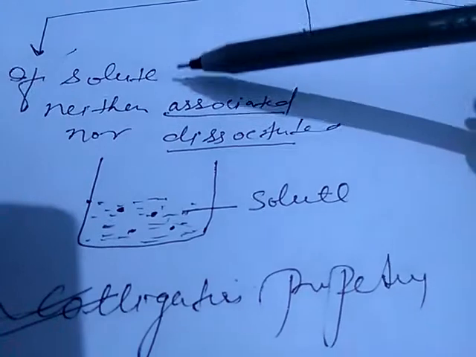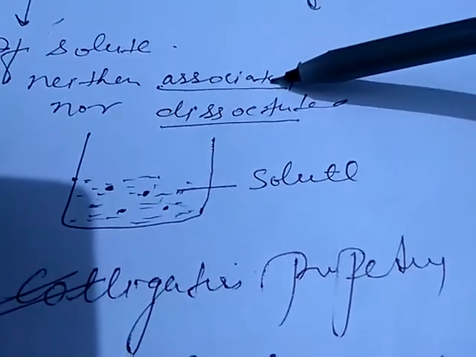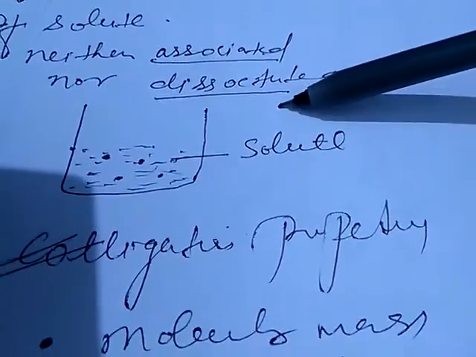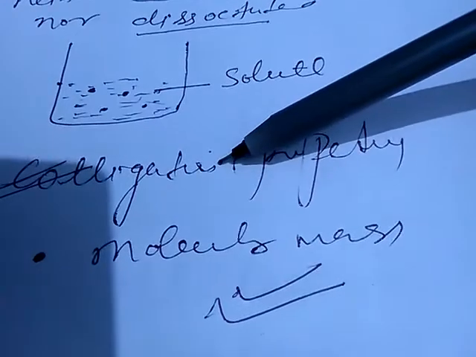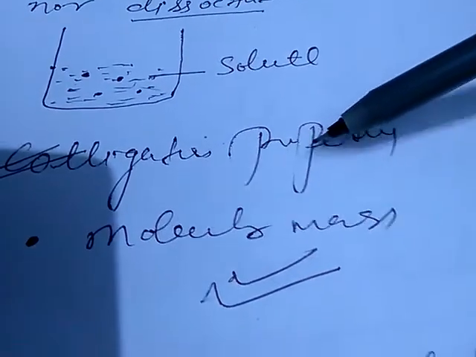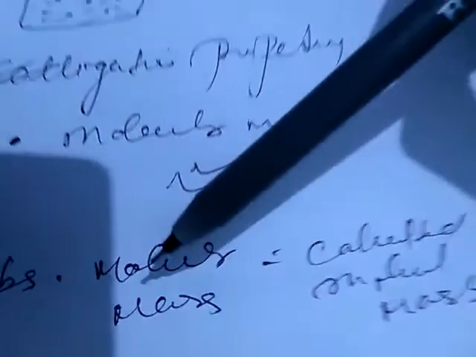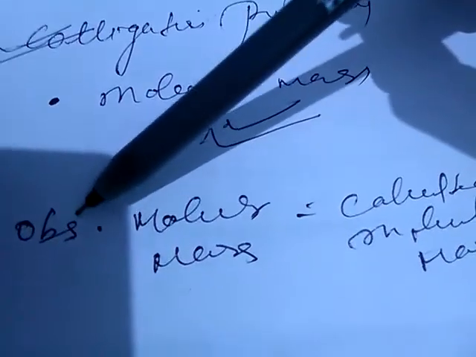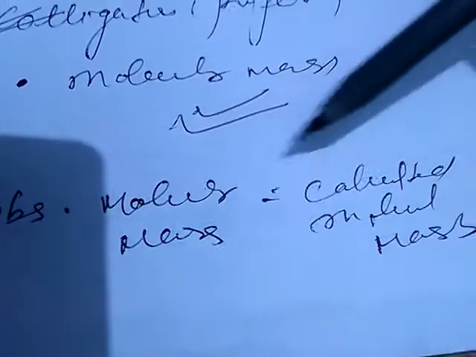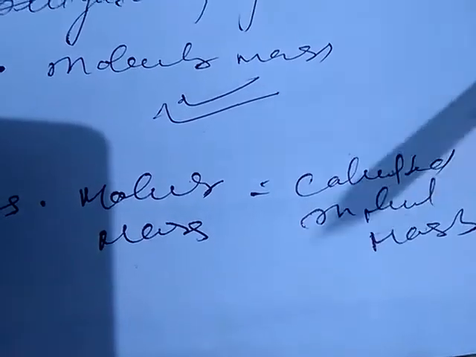This situation arises when the solute present in the solution has neither associated nor dissociated. Then there would not be any abnormality in the colligative property, and the molar mass calculated would be exact.